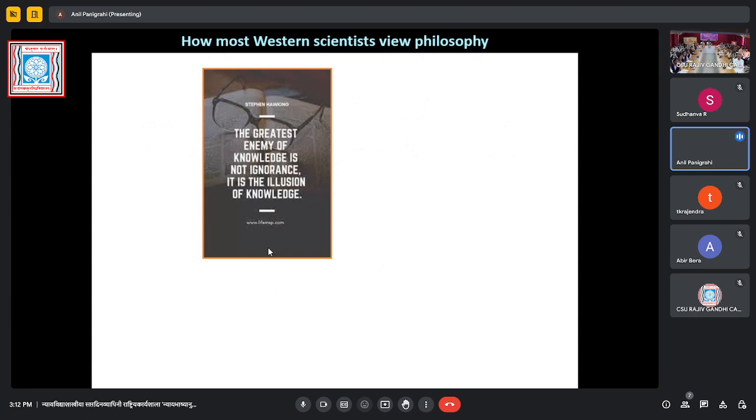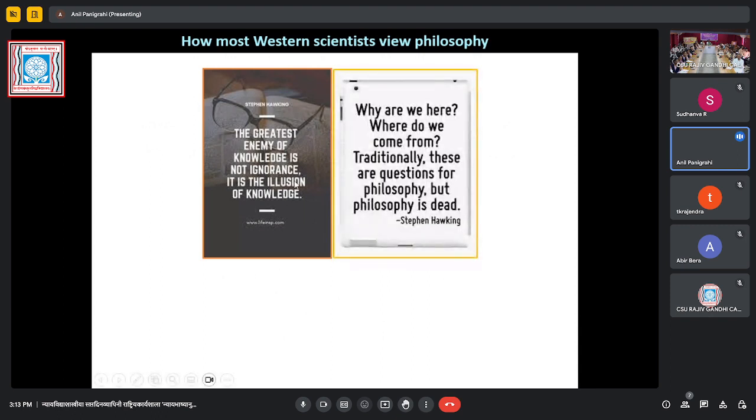And the quote here is: the greatest enemy of knowledge is not ignorance, it is the illusion of knowledge. And it's a beautiful statement. Obviously, ignorance is not the bad thing, but the illusion of knowledge is the bad thing. So we cannot disagree with that. The problem is what he refers to as the illusion of knowledge.